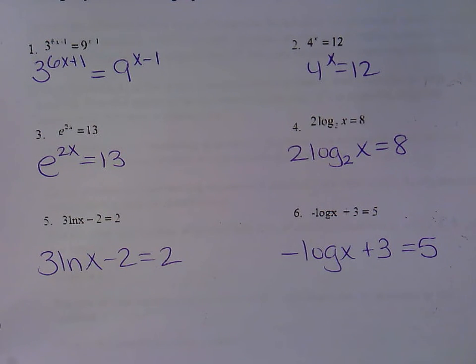So then all we care about now is just 6x plus 1 equals 2x minus 2. And then you're just doing the algebra, like subtract 1 from both sides. So now you just have 6x equals 2x minus 3. Okay, so over here, subtract 2x. 4x equals negative 3. So then divide by 4.